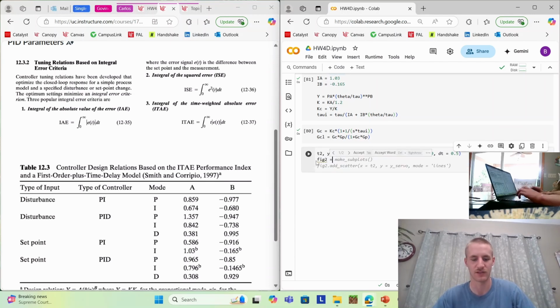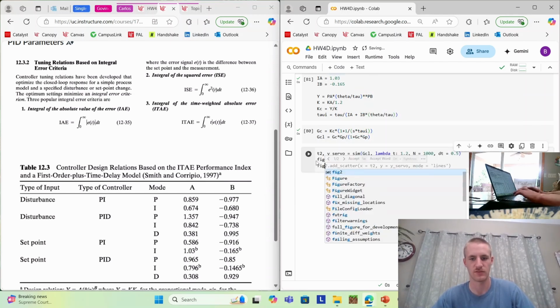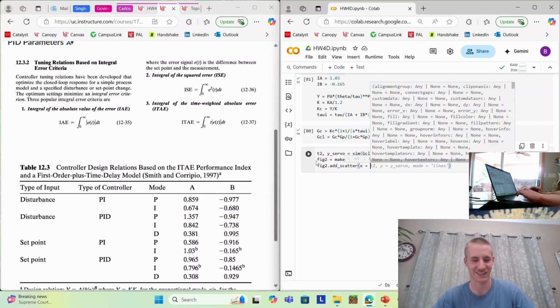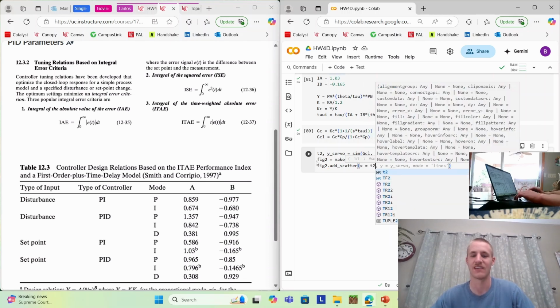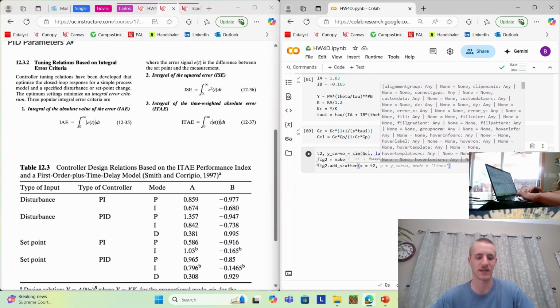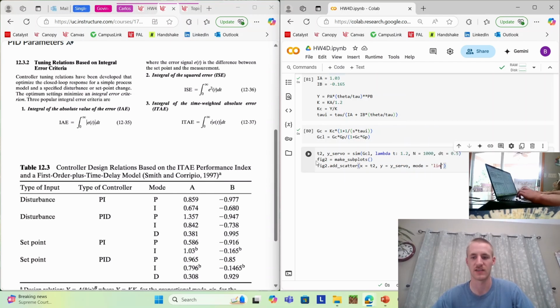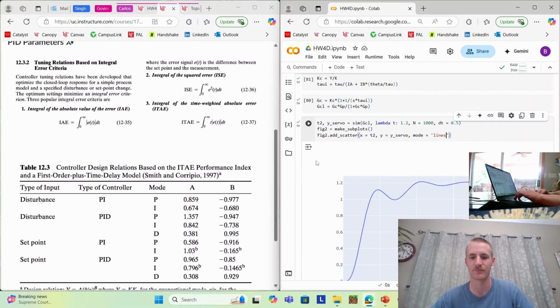So fig2 equals make subplots, and then fig2 dot add trace. Our x is of course our time, and y is our servo, and we'll want mode equals lines, because this is a simulation and not data points.